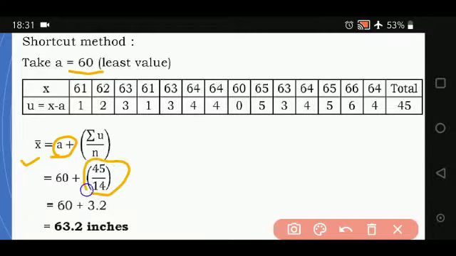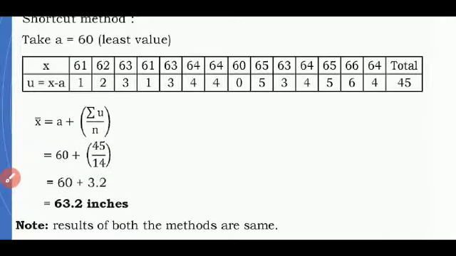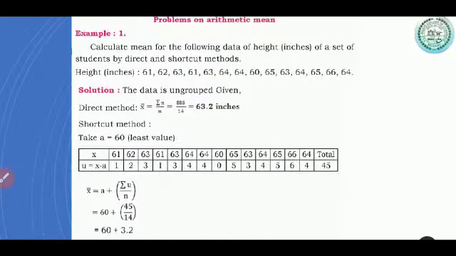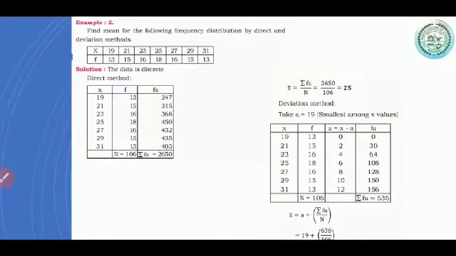First you simplify what is in the bracket, that is 45 divided by 14, that is 3.2. And then you add, and ultimately you get the same answer, 63.2 inches. This is how we solve by the shortcut method and direct method. You can practice, and you have full freedom to apply any formula of your choice. We will see the next example.